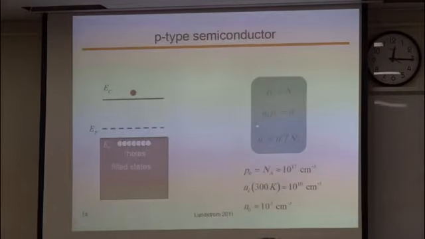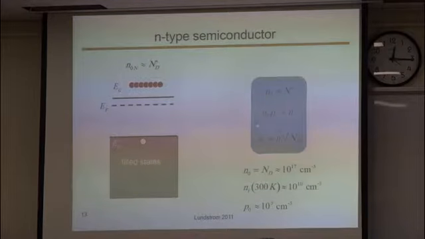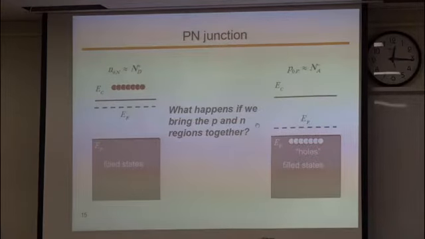So previously we learned about the P-type and N-type semiconductor. Then, what is the p-n junction? Let's say we have intrinsic silicon. Then if we add the dopant, we can make P-type and N-type semiconductor depending on the type of the dopant.